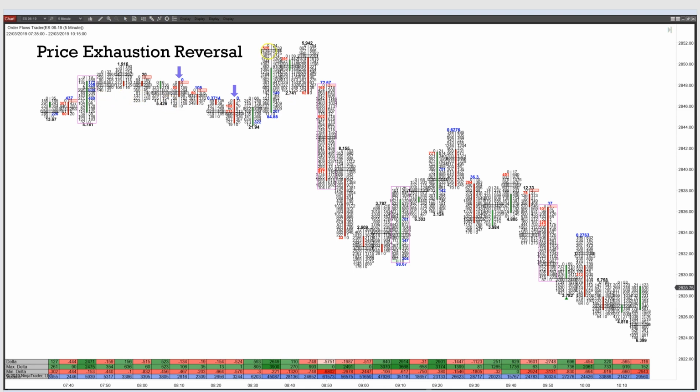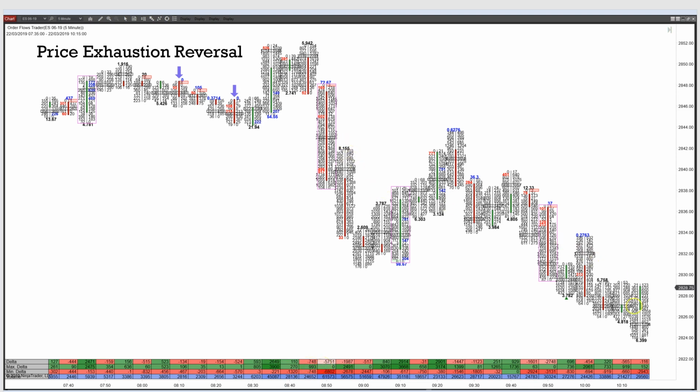I'm really concerned with from here over, and you don't get the follow-through big buying. You're a little bit lower here, and next bar minus 700, then next bar minus 5,000.